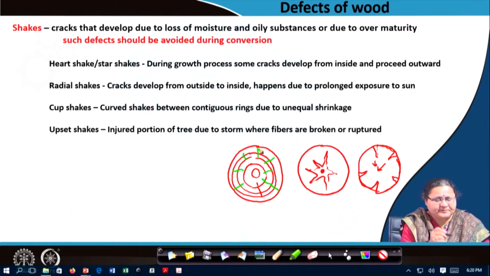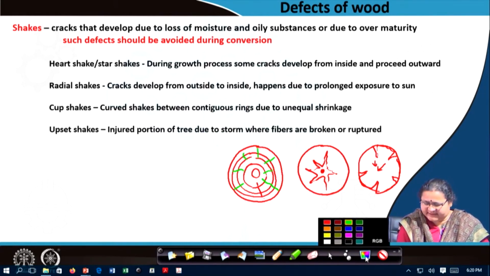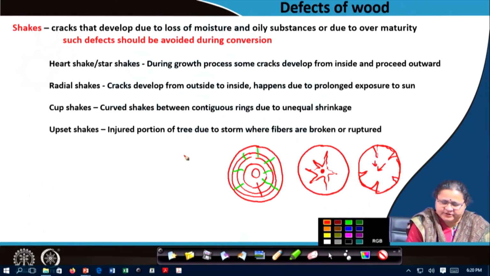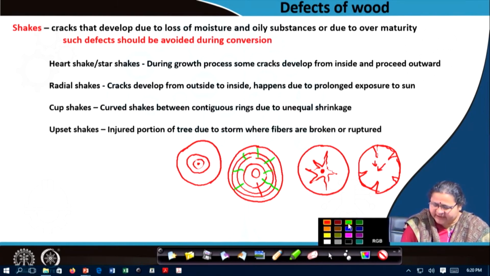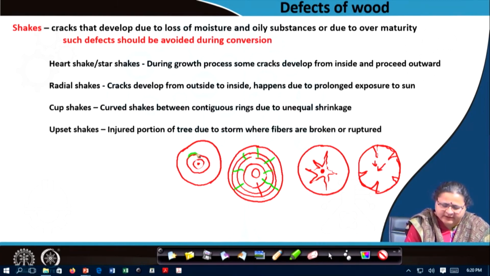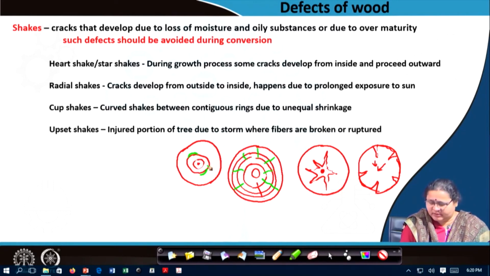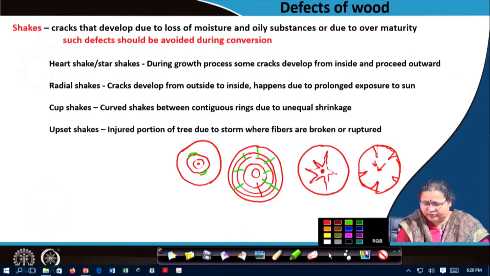You can see cup shake, the other one, which again is about shakes happening in between layers. If you have annual rings, you may have splits in between your two annual rings.